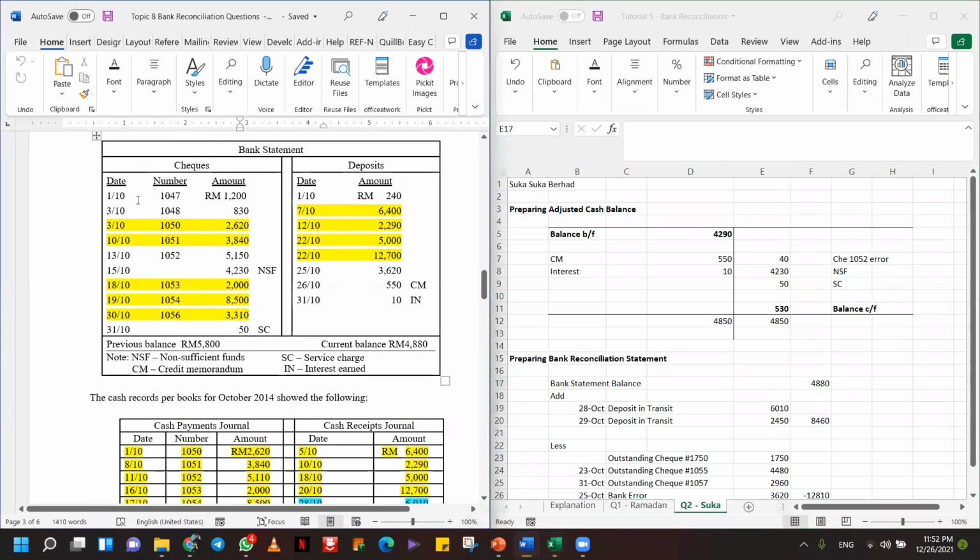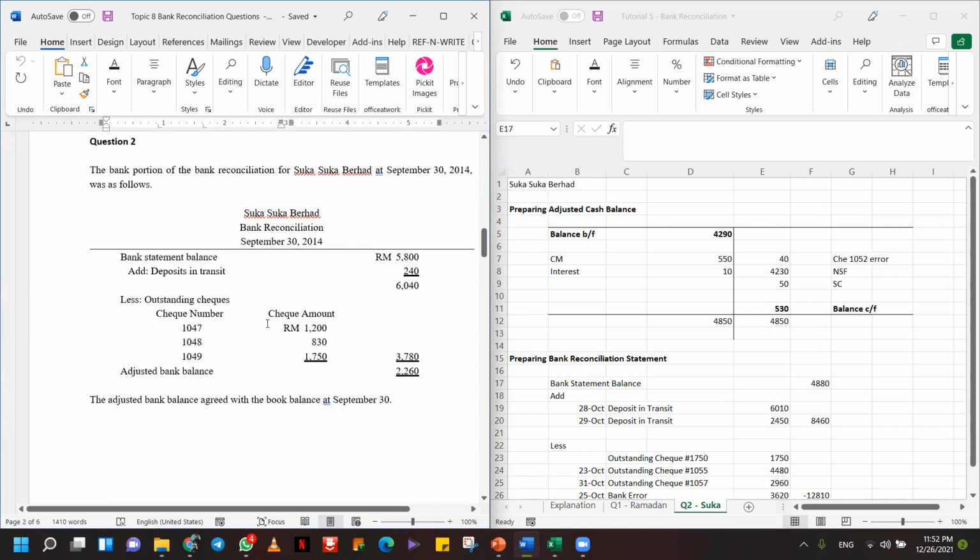However, check 1047 and check 1048 were actually covered in last month's bank reconciliation statement, and so they did not need to be credited again to the cash balance for October, the one that we are answering for. So that was a slight error.